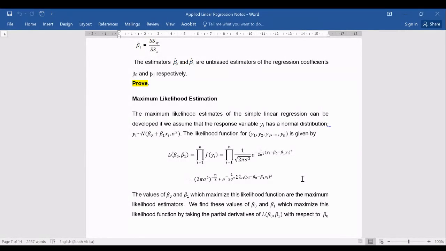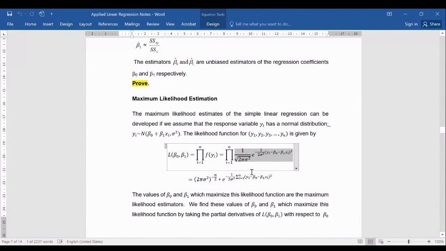When I started, I presented yi and also showed you the mean of yi, which is the population mean. The population mean in this context is beta 0 plus beta 1 xi. So where there's mu in the normal distribution function, we replace it by beta 0 plus beta 1 xi, and we end up with this function.